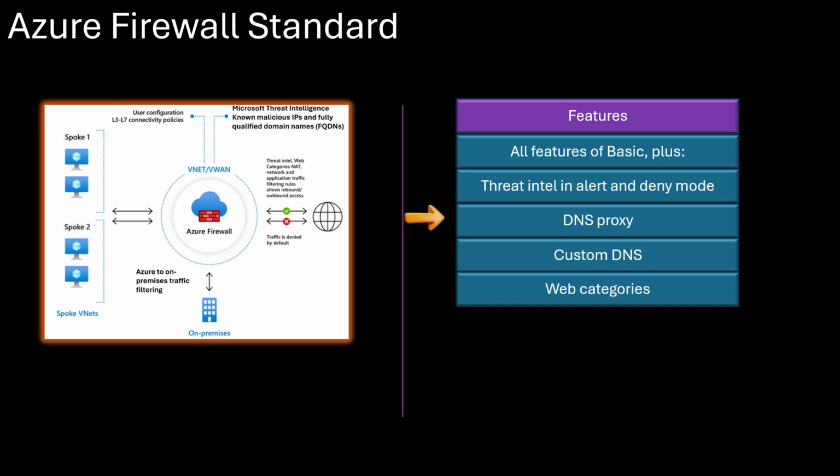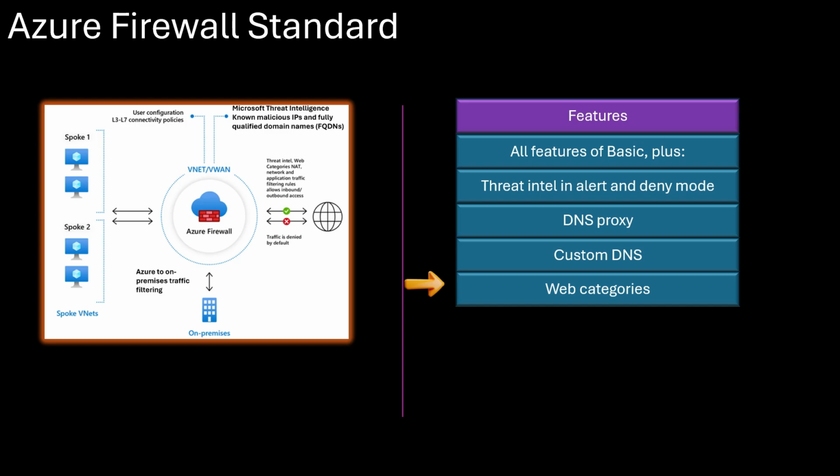Instead of exposing client IPs directly, Azure Firewall Standard acts as a DNS proxy, which will give you better control over domain-based filtering. You can configure your firewall to use a custom DNS resolver instead of the default Azure DNS as well, which is useful if you rely on private DNS zones.